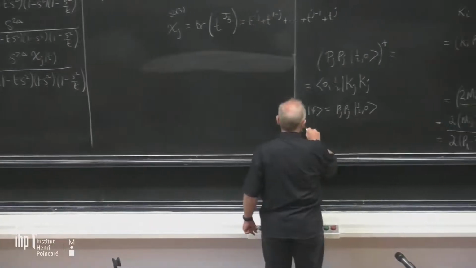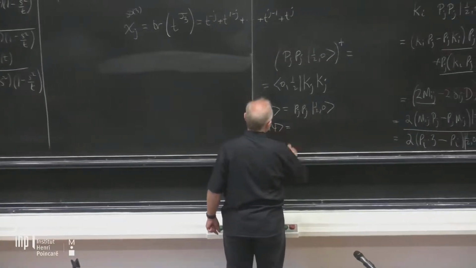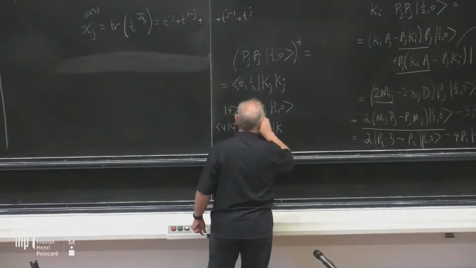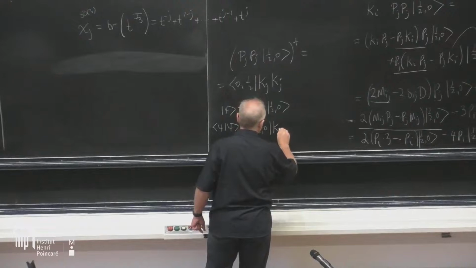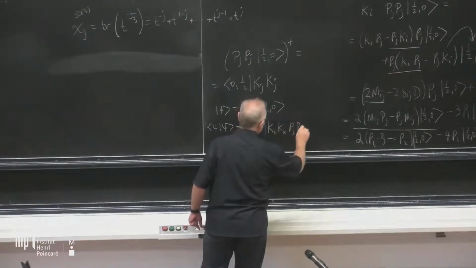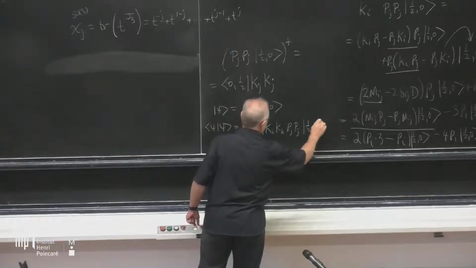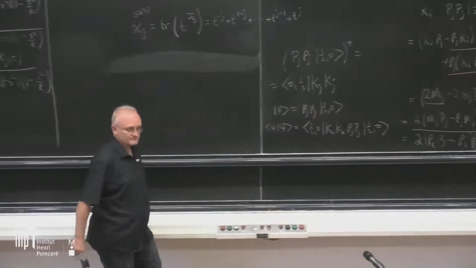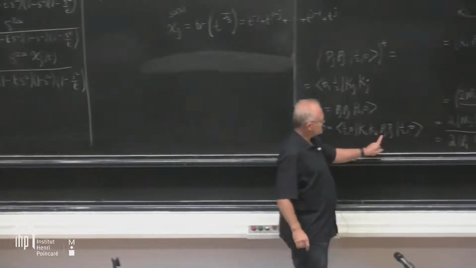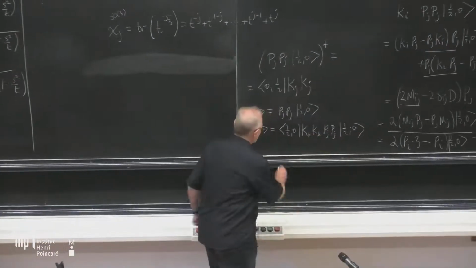We can ask what is the norm of psi, and that will be <1/2, 0| K_k, let me use a different index, I'll say K_k, P_j P_j |1/2, 0>. But we've just proved that K annihilates this state. So this is 0.